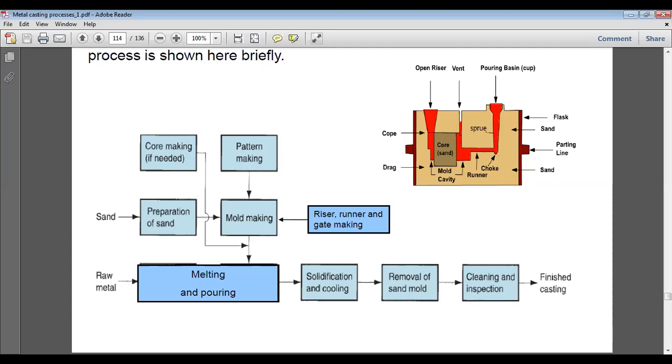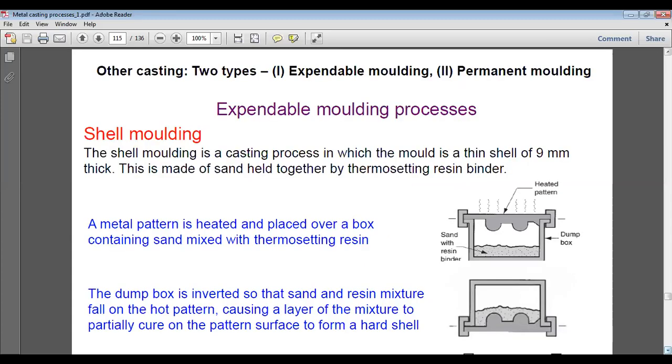Now we are coming to the special casting methods. First of all, we'll talk about two types of molds: expendable molds and permanent molds. Expendable molds are those molds that distort at the time of pouring the metal, and there is considerable change in the molds.